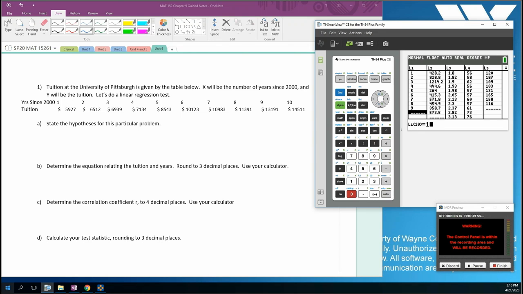And for L2 is the tuition. Yep, 6512, 7134, 8543. Yep, tuition does go up. And in case you're wondering, this is the in-state live-at-home tuition, as I called it.